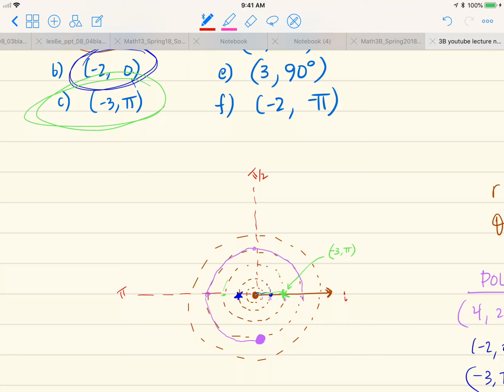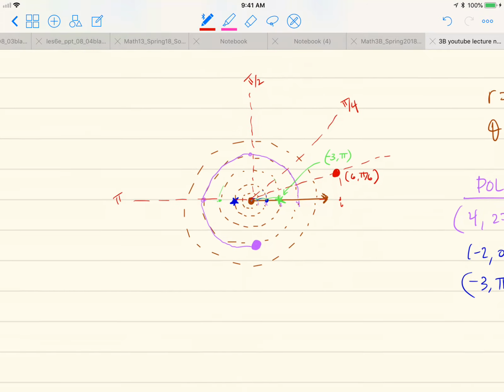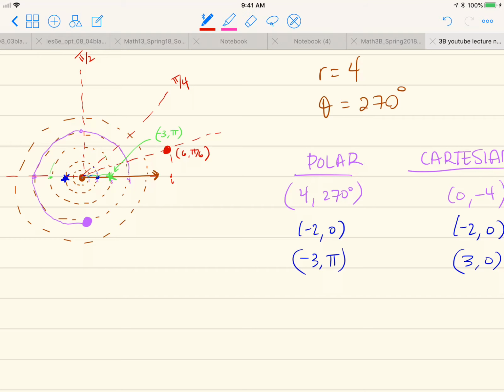So pi over 6 is like take this and divide it with something like that. Right, so like here's pi over 4. So pi over 6 is going to be here. So I'm going to go out to 6 and up to pi over 6. This is my point here, 6 comma pi over 6. Now it's not so easy to figure out by inspection the Cartesian coordinates, so we'll leave that for a little later on for our next example.